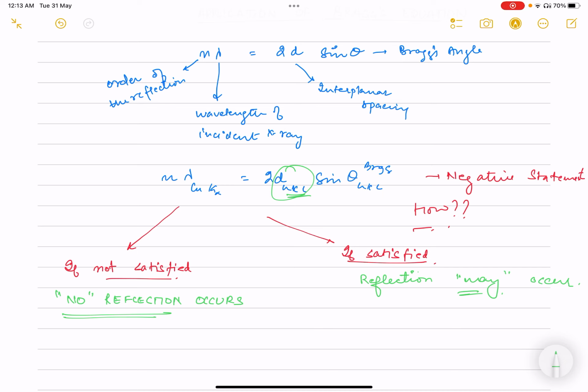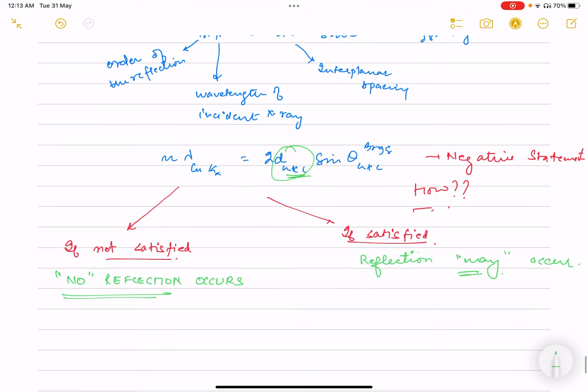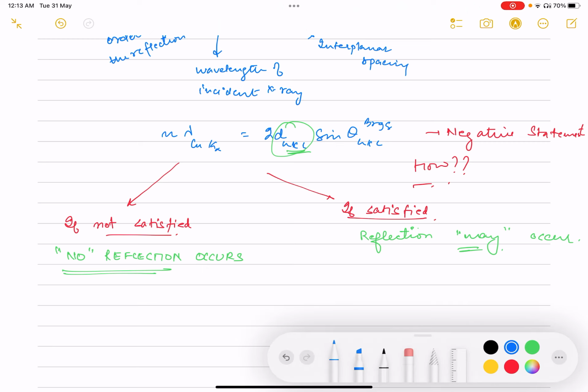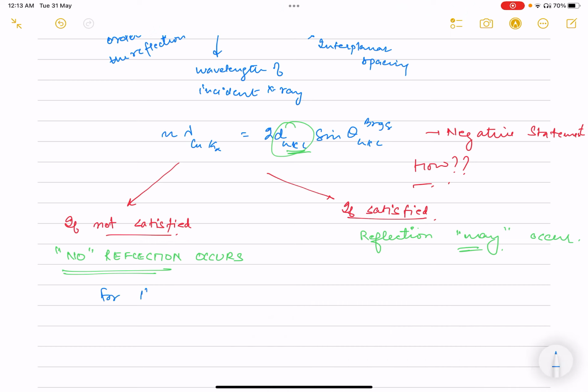Okay. So suppose for first order reflection from 110, for a cubic crystal.